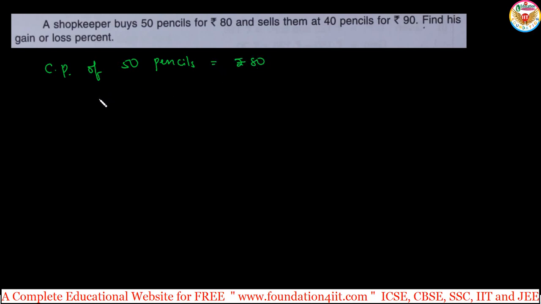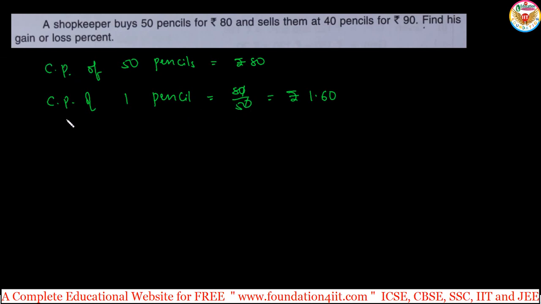Then the cost price of one pencil, by the individual unit method, is 80 divided by 50. Cancel, 8 by 5. So rupees 1.60. 8 divided by 5 is 1.6. Cost price of one pencil is 1.6.